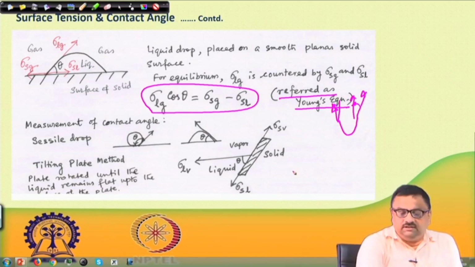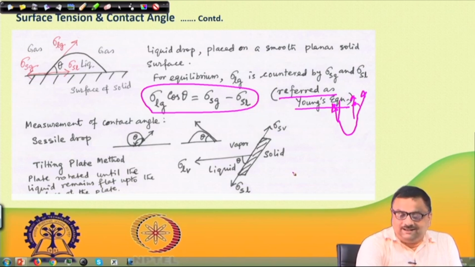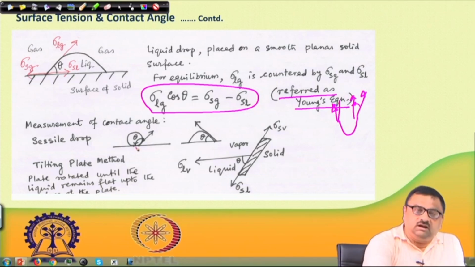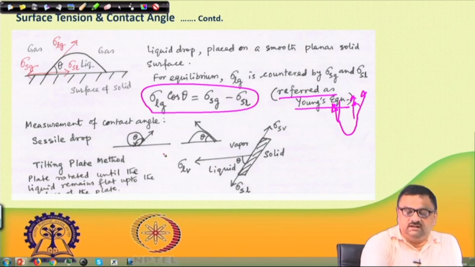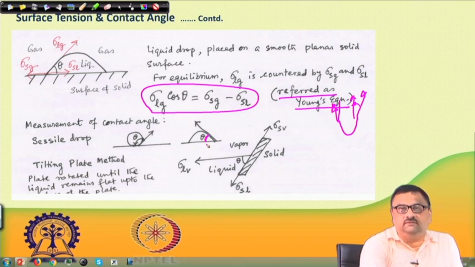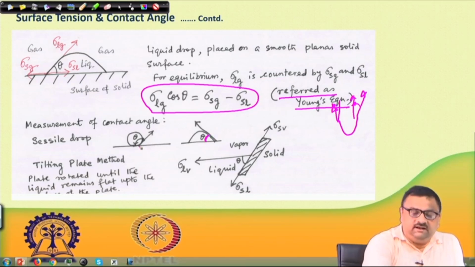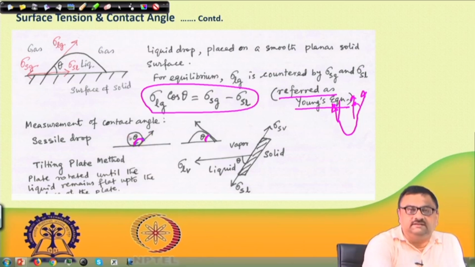Now, the contact angle can be measured by taking a photograph of the contact angle on a surface. For example, in this case the contact angle is less than 90 degrees, so this is considered more of a wetting phase, whereas in this case the contact angle is more than 90 degrees, so this is considered a non-wetting phase.